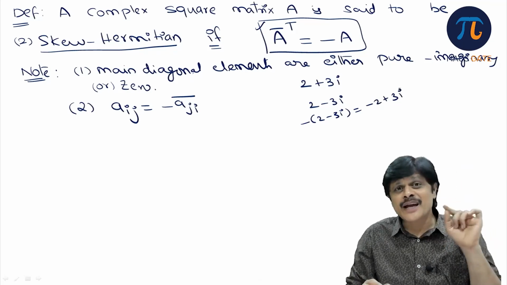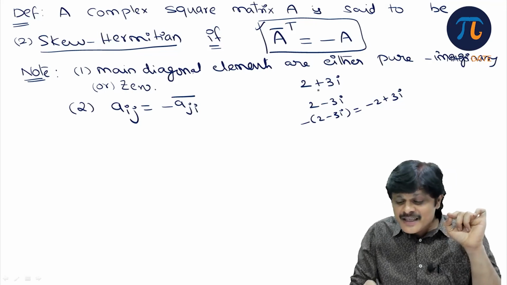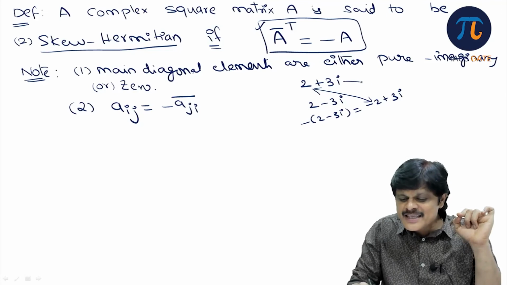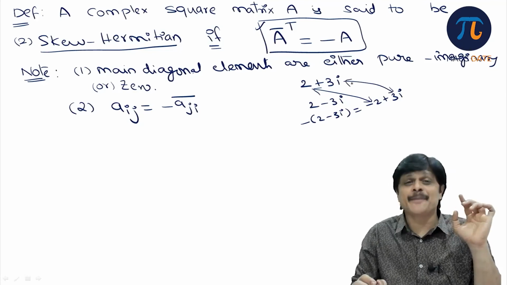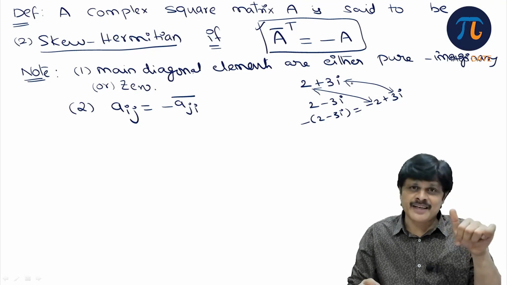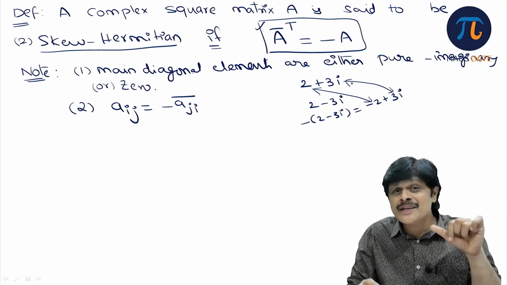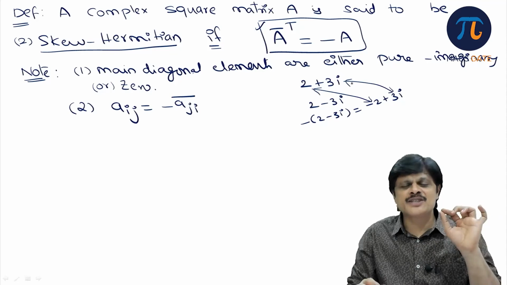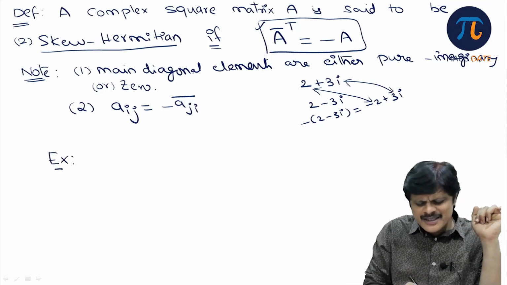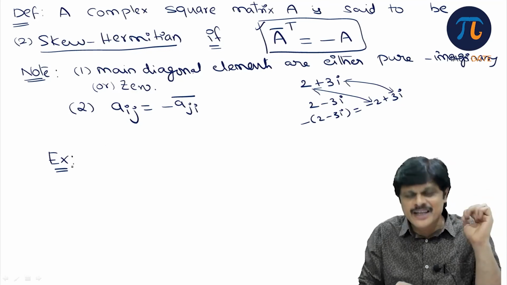So if it is minus conjugate, the real part sign would be different, whereas the imaginary part sign is the same. Conjugate means the imaginary part sign is different. Minus conjugate means the real part sign must be different. Simple. Now let us create one skew Hermitian matrix.